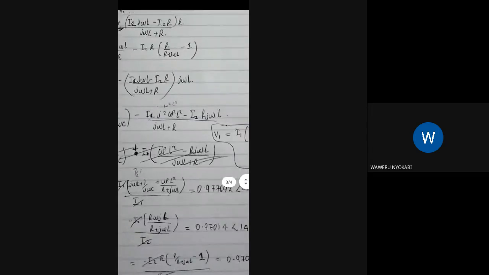Then you remain with this I1. So V1 over I1, the I1 will cancel. Then you are remaining with the thing inside the brackets of I1. So that's what you have done down here. And then you replace the values. We have C, we have L, we have R. So you replace them with the values you got earlier. And finally, you end up with such.